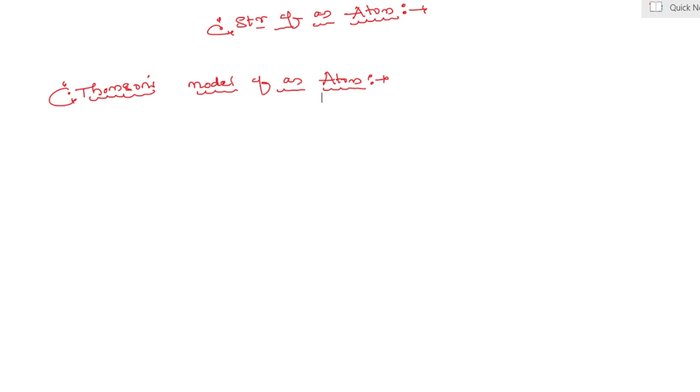There are totally two charged particles, electrons and protons. Yes, my dear students, afterwards we discussed the discovery of electron and the discovery of proton.